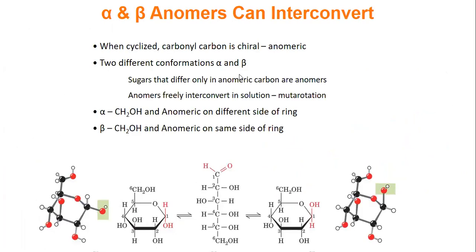And what can happen is that when we cyclize our sugars, the sugar by itself can switch between alpha and beta. So here's our alpha sugar, here's our beta sugar. This opening and closing event for monomeric sugars happens all the time.